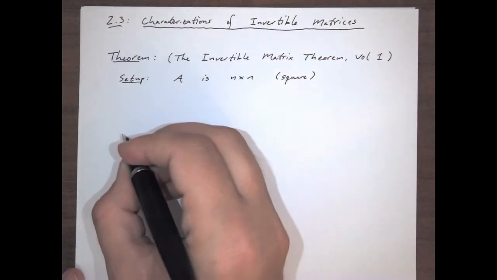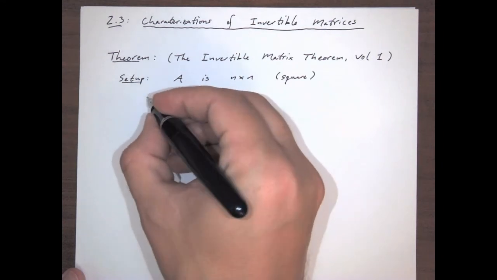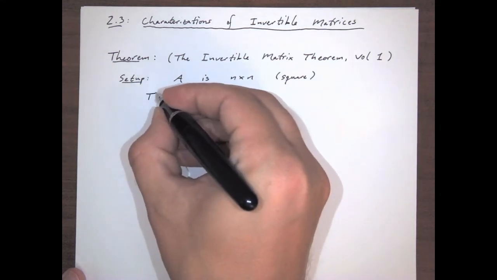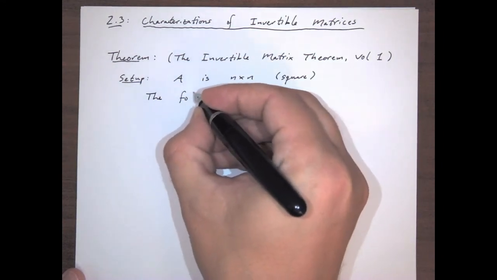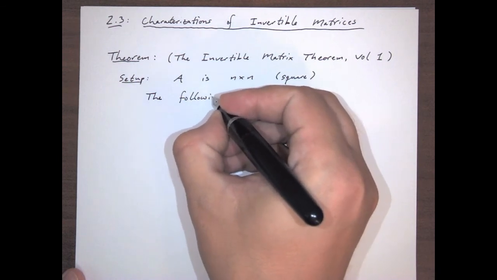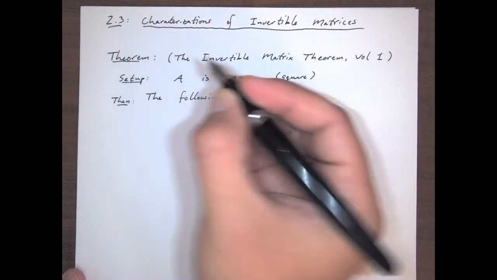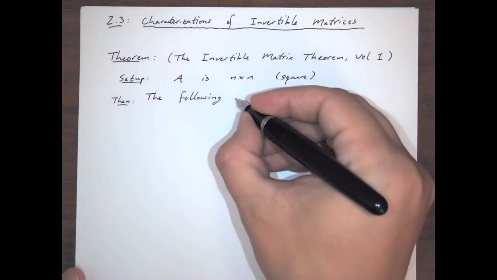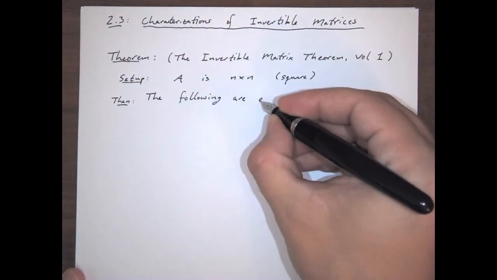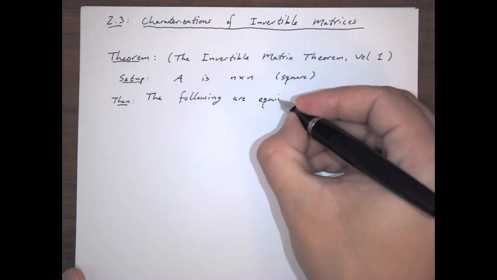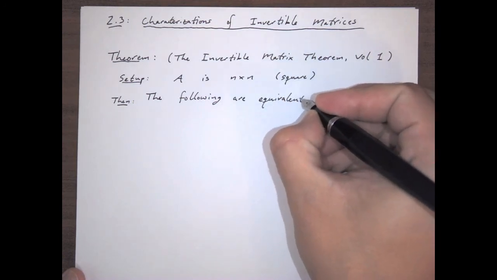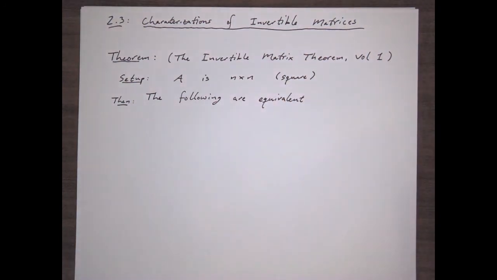So that's the setup, and under those conditions, the following are equivalent. And when I say equivalent, I mean logically equivalent, which means that if any one of them is true, any other of them is also true.